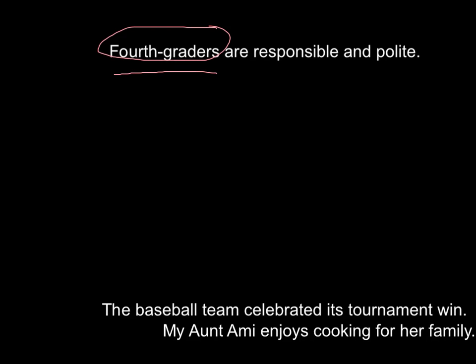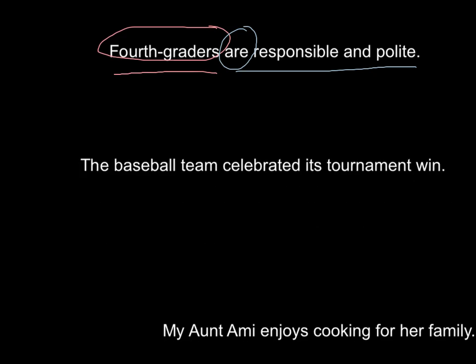In this case, there is only one word that serves as both the complete subject and the simple subject. And let's look at the predicate, are responsible and polite. All of these words make up the complete predicate. The word are is the simple predicate. It tells us it's the being, so we know that fourth graders are something. Then the rest of these words tell us what they are.